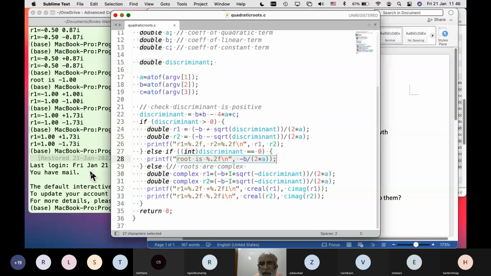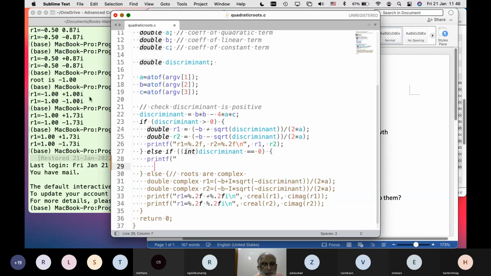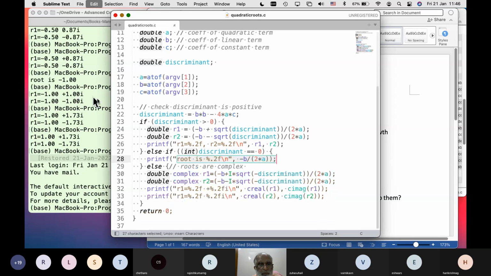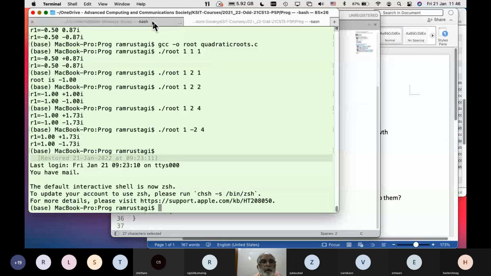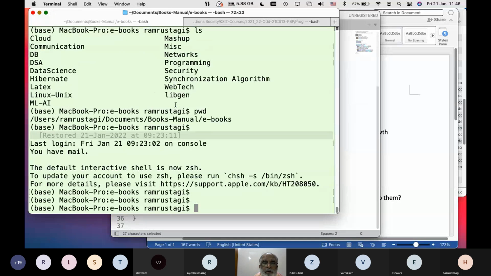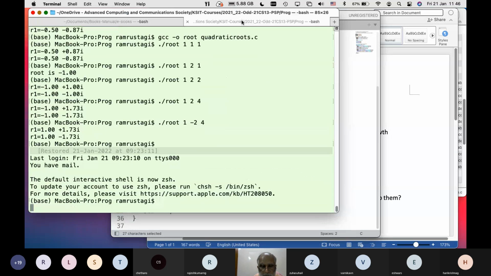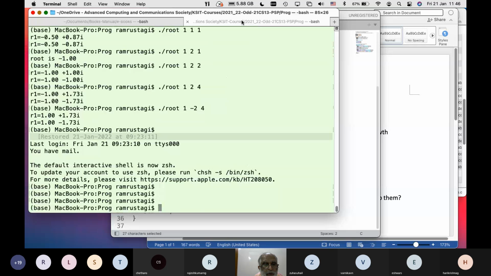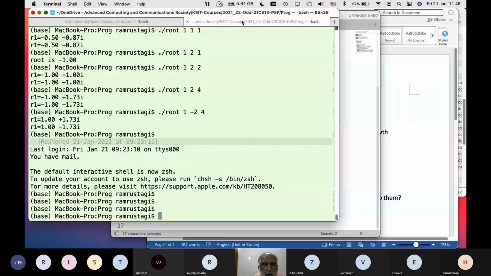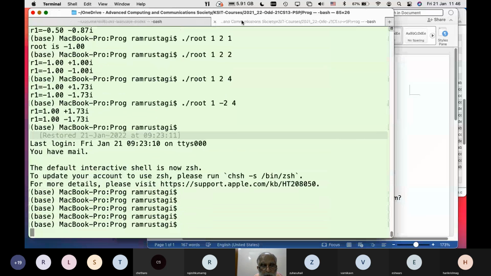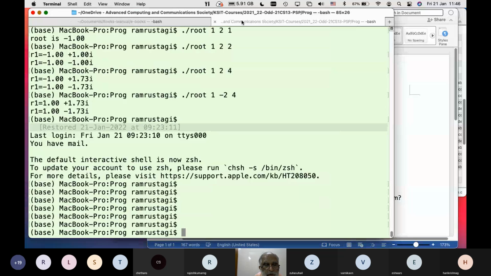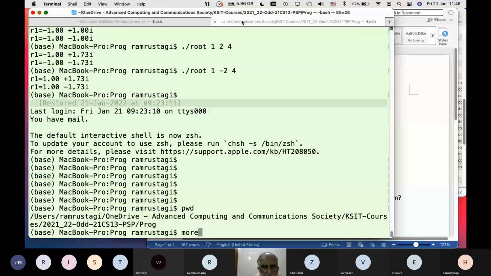Just to show you how the program would run, so you can compile this program.